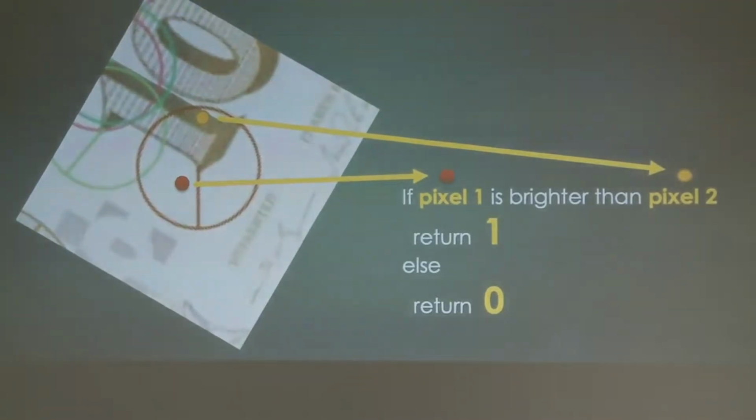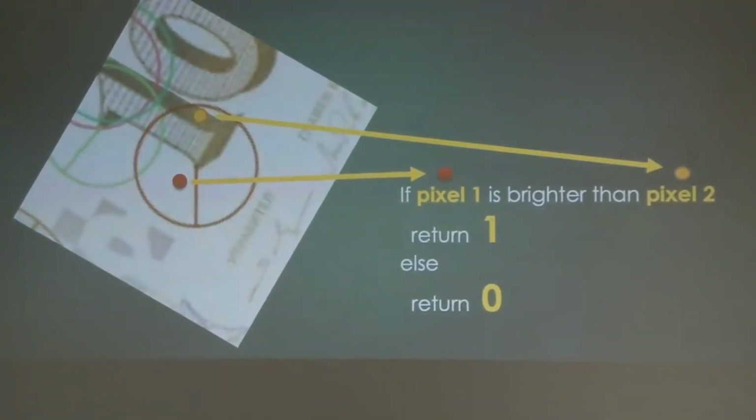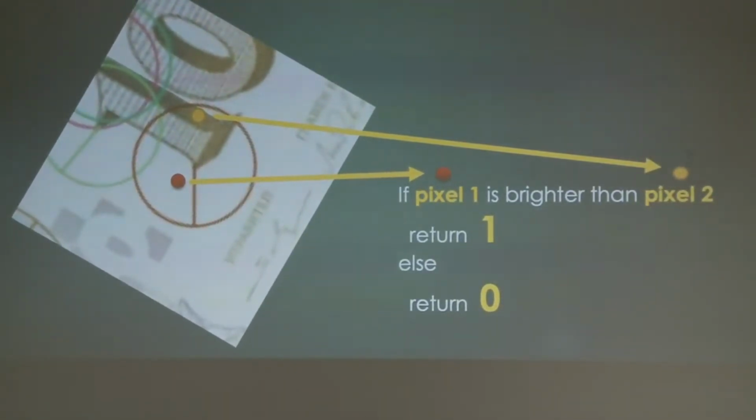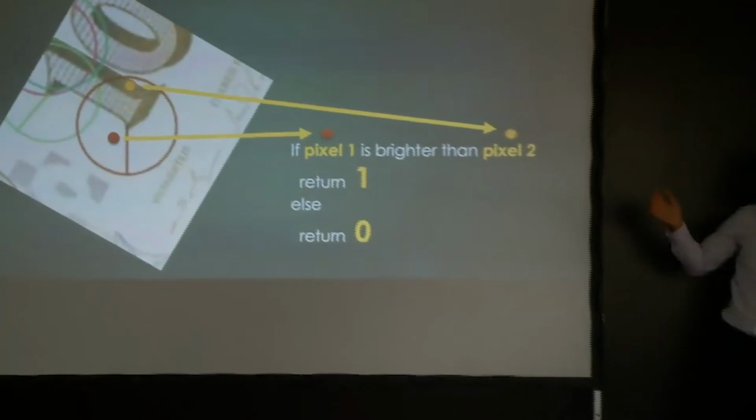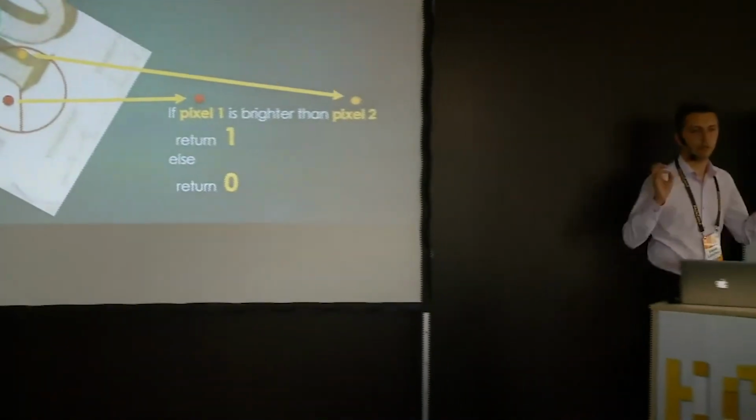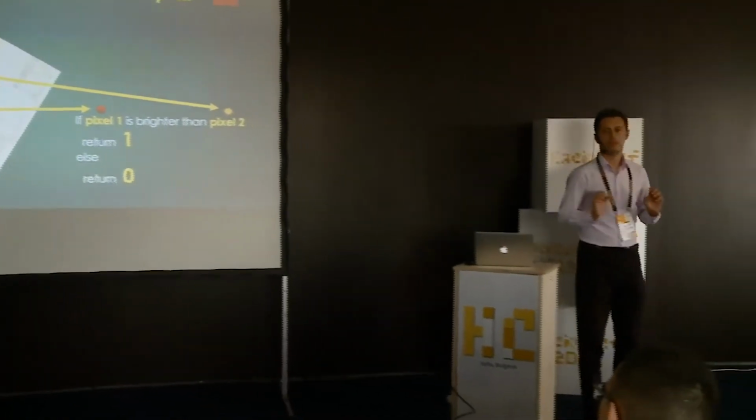Is one of the 2 pixels brighter than the other? If the left pixel is brighter than the other, then return 1. If not, return 0. That's the simplest thing possible. That's one small feature describing this key point. It's pretty much saying just that that white pixel is brighter or not brighter than the red pixel, and we know the exact location of those pixels.